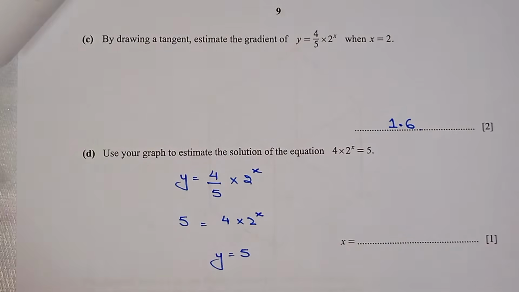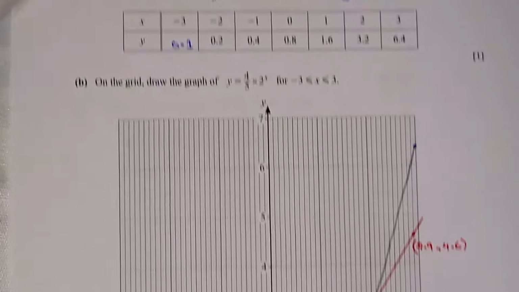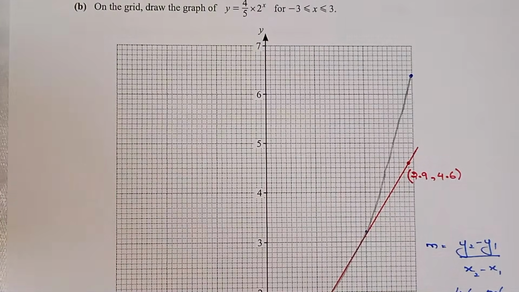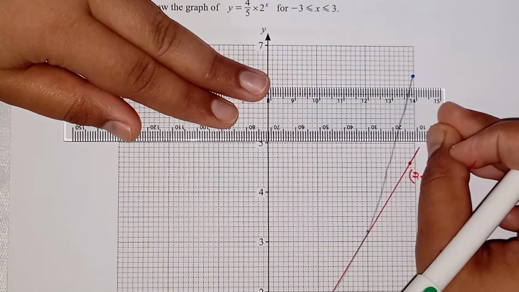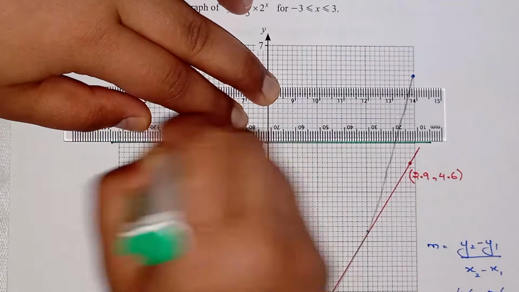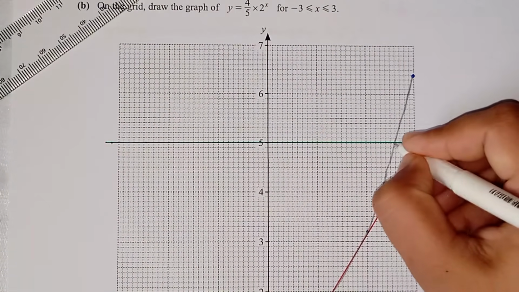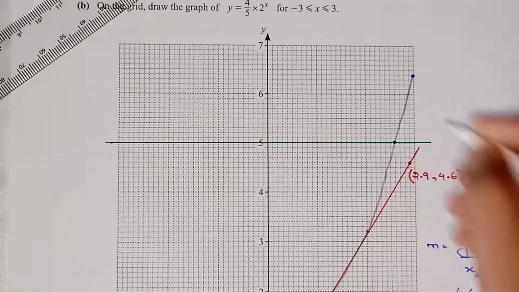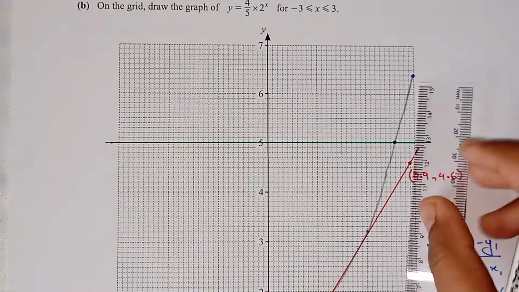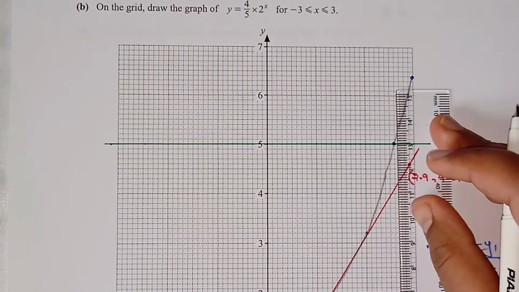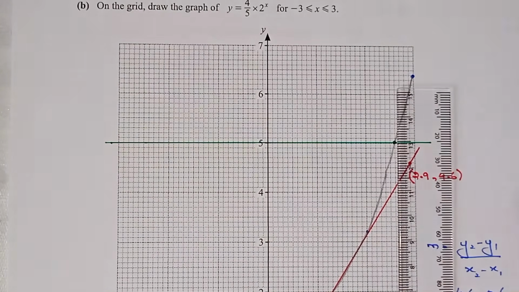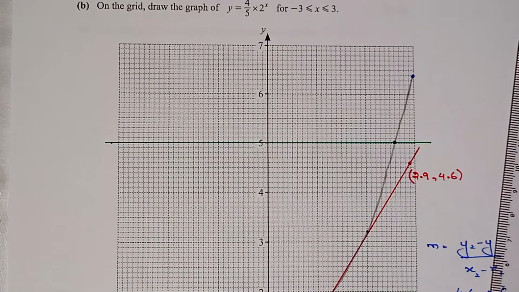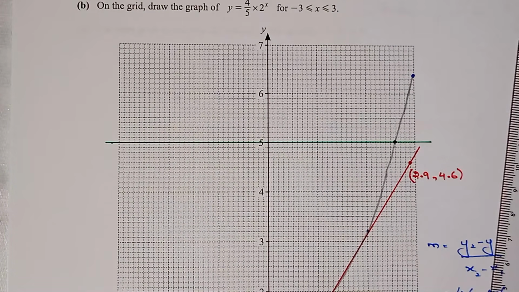Going back to the grid and draw the line y equals to 5. So here is a line y equals to 5. Now it crossed the curve when x is this much. So let me find the value for x. What would be this point of x? So this is 2, 2.1, 2.2, 2.3, 2.4, 2.5, and 2.6.